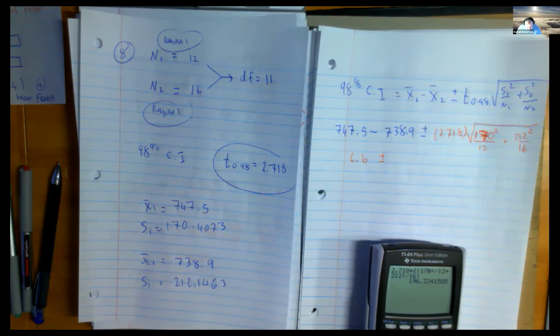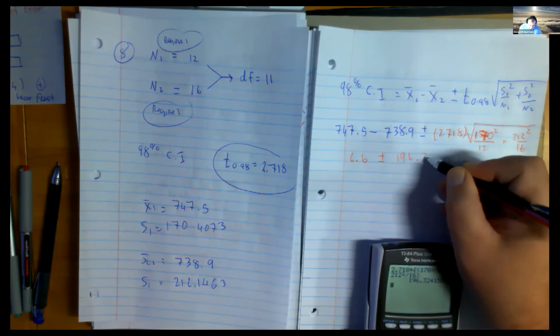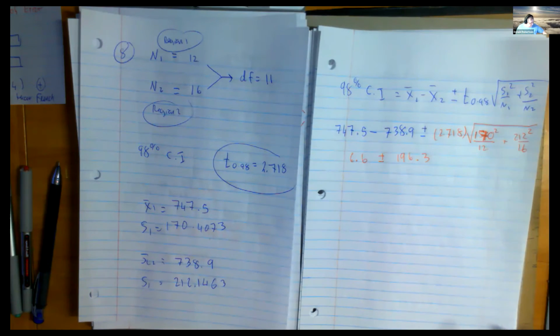Let me check that again. No, it's right. Why do you think I was hesitant? I checked the numbers and they're right. Because it's so big.